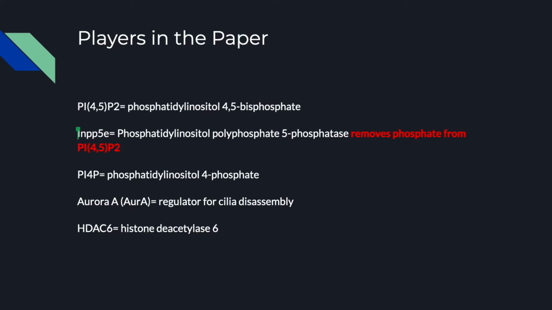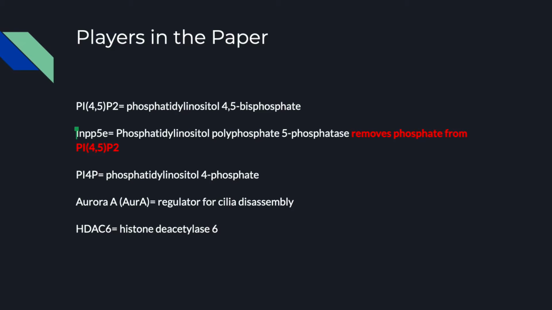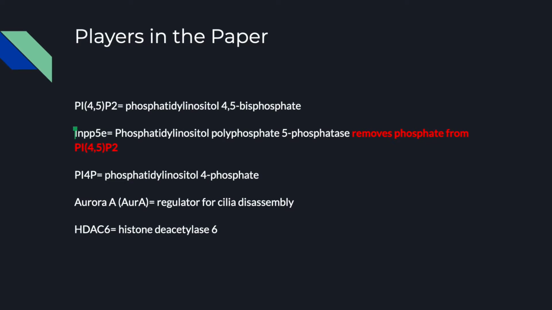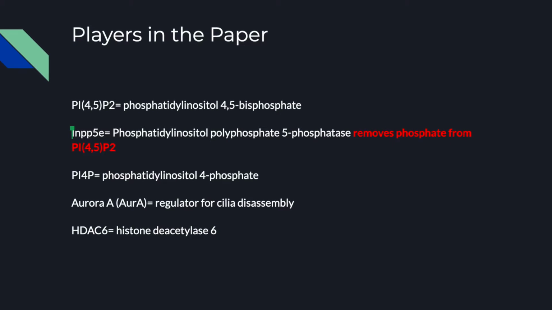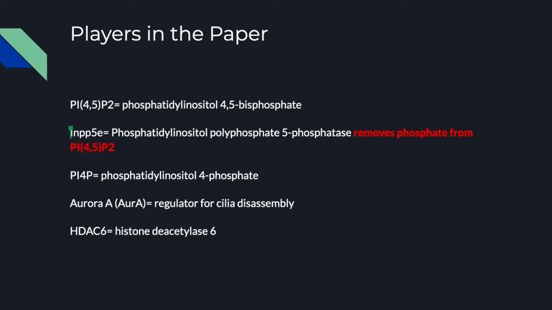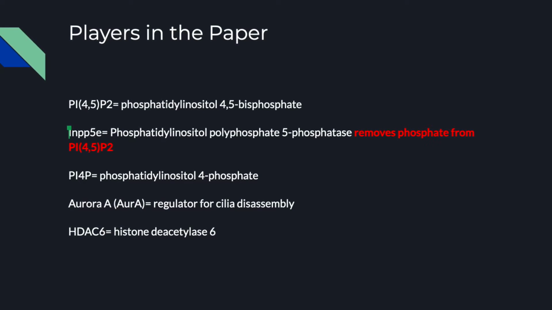phosphatidylinositol 4-phosphate, PI4P, is highly present in the ciliary membrane, while phosphatidylinositol 4,5-bisphosphate is present in the surrounding plasma membrane. The enzyme INPP5E, a phosphoinositide 5-phosphatase, compartmentalizes phosphatidylinositol 4-phosphate and phosphatidylinositol 4,5-bisphosphate in their appropriate membranes.